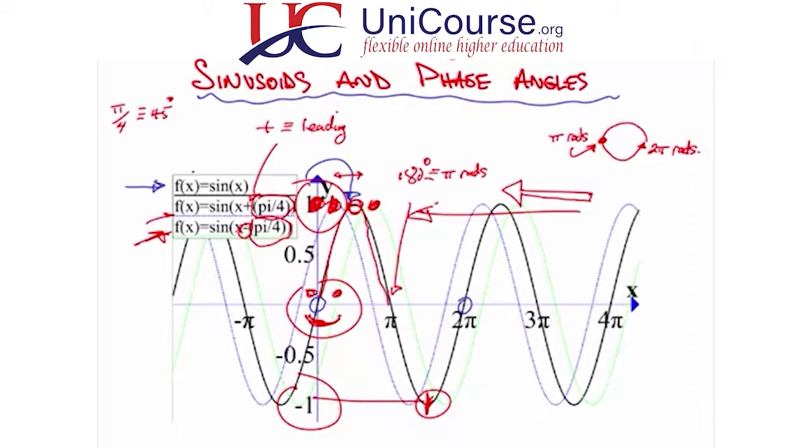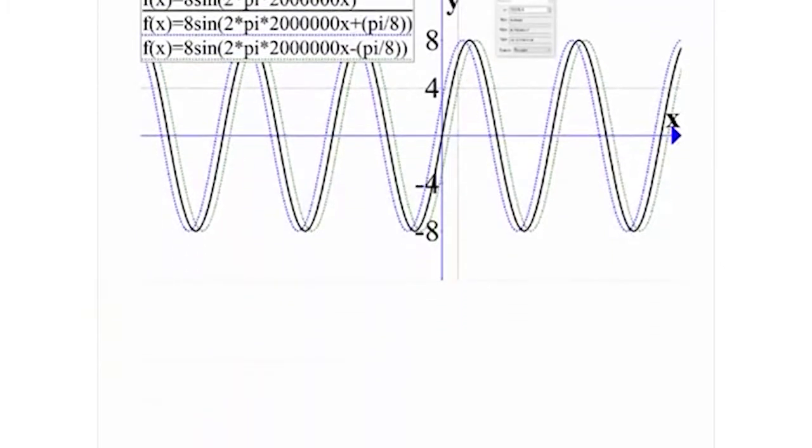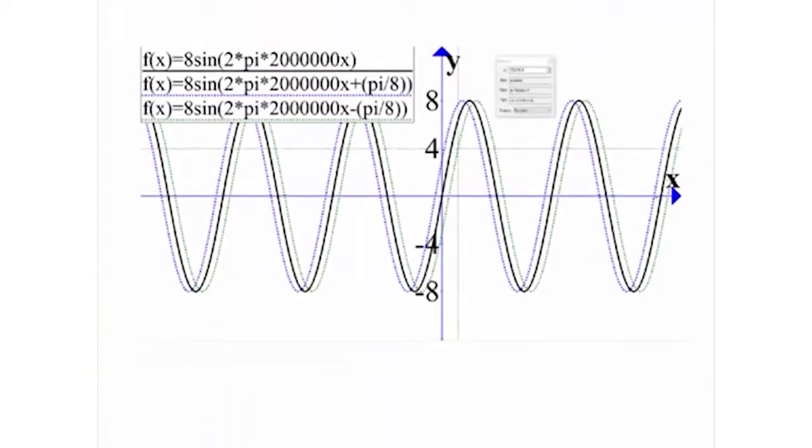But we don't have to restrict ourselves to sine waves just of magnitude 1 and -1. We can have any magnitude we like. So here we've chosen 8. That magnitude corresponds to this number here, or any of these, in fact, because these are just, as we've just explained, separated by different phase angles.